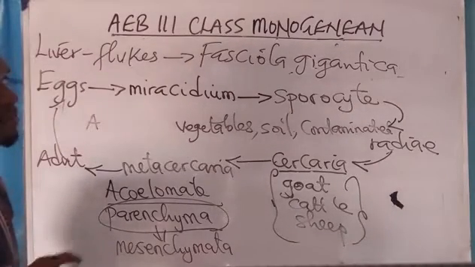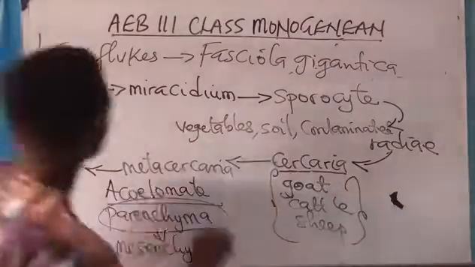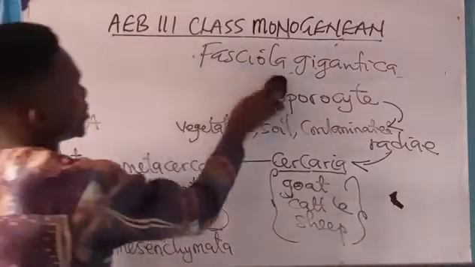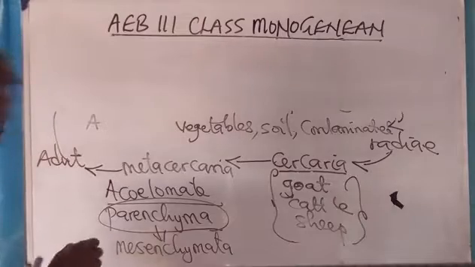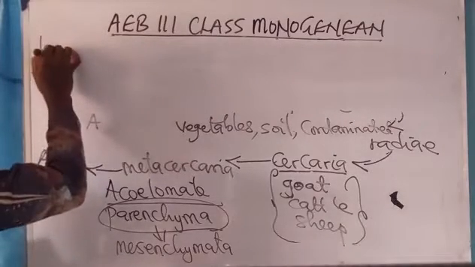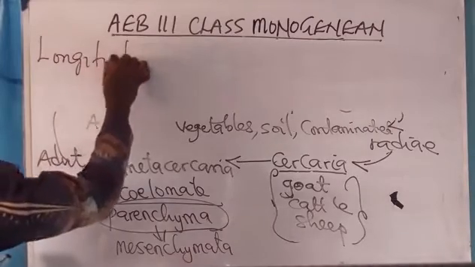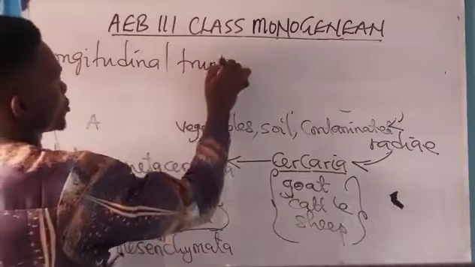And please, the nervous system. Okay, excretion. These trematodes excrete using the longitudinal trunk.